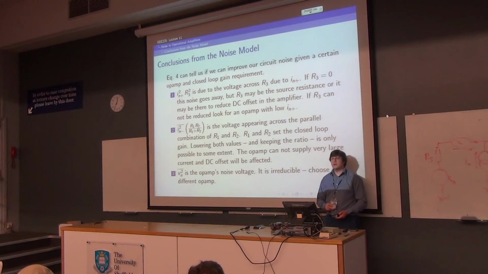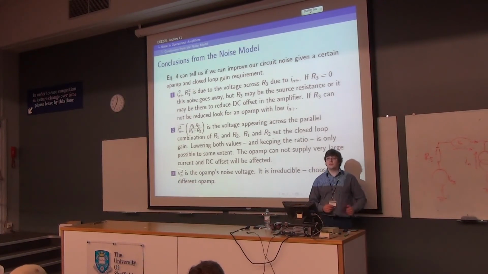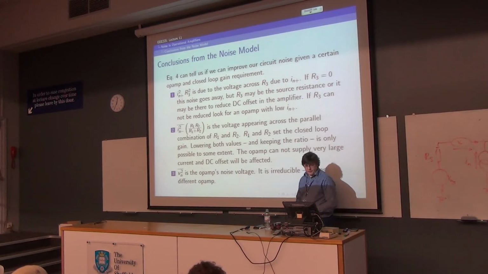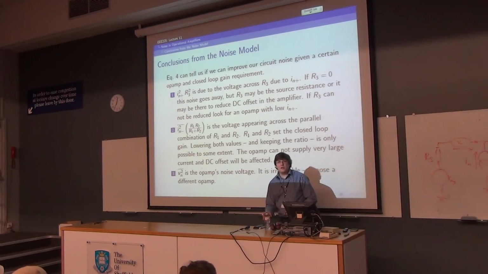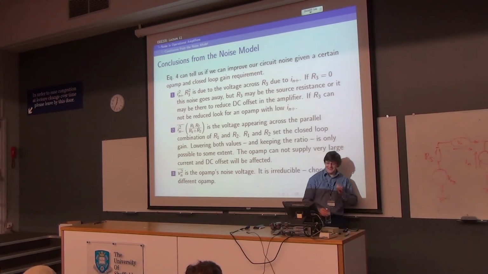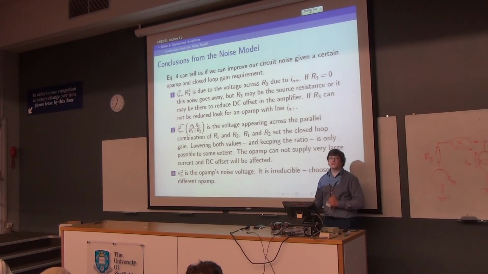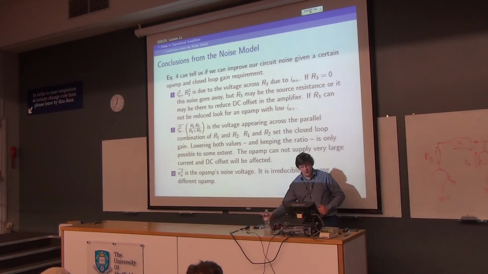If you can't reduce R3 because you need it for some reason, the best you can hope for is to look for an op-amp whose specifications say that IN is small. In other words, choose a better op-amp, where better depends on the problem that you're trying to solve. The bias current, the noise generator, actually if you do look into offsets, the circuits are almost identical and it's the same set of analysis as well.